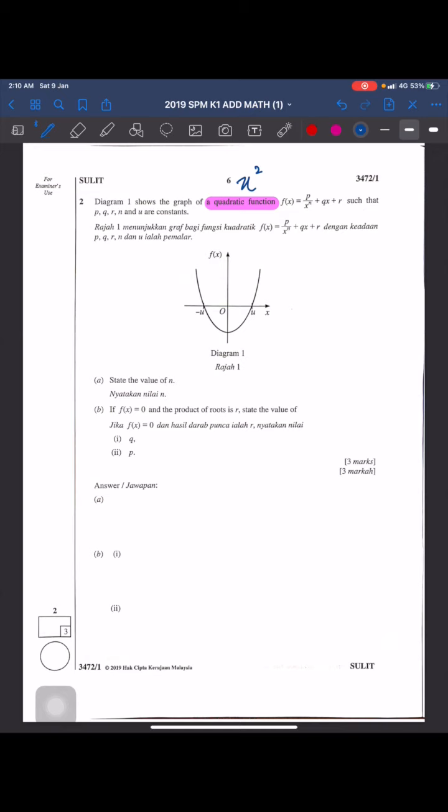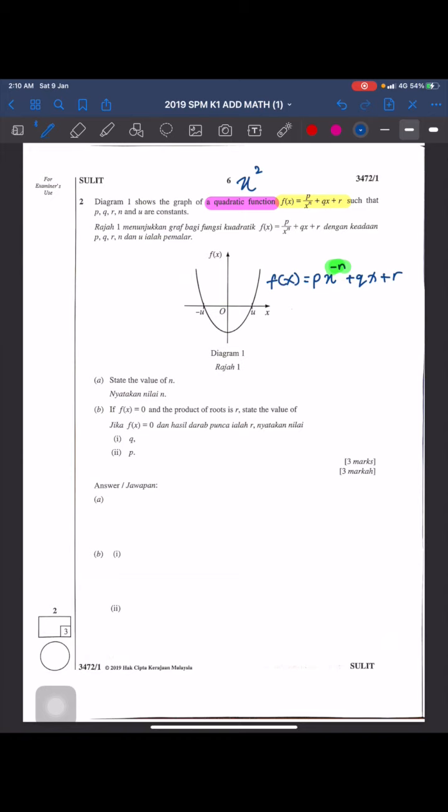Okay, so saya cuba rearrange balik kita punya equation ini. Okay, so saya akan dapat, okay, fx px power of negative n plus qx plus r. Okay, so saya tahu should be power ini adalah 2, betul?